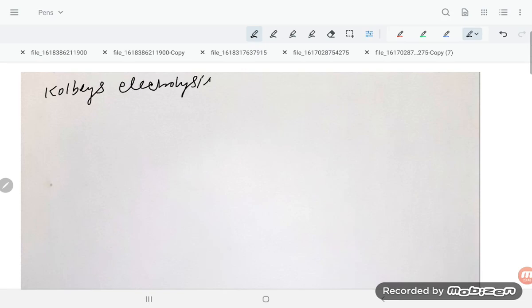If you are doing Kolbe electrolysis of potassium fumarate, CHCOOK, with a double bond, CHCOOK, and you are treating it with HOH.